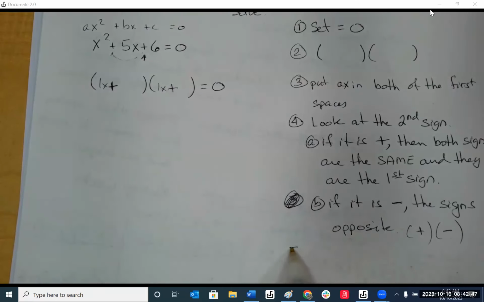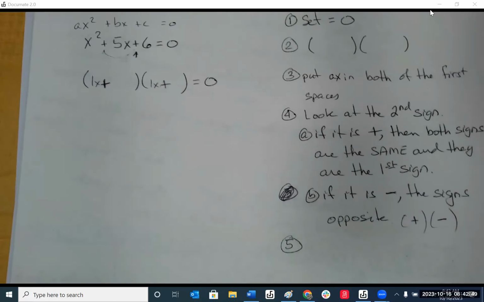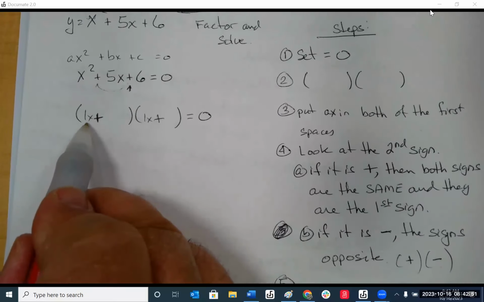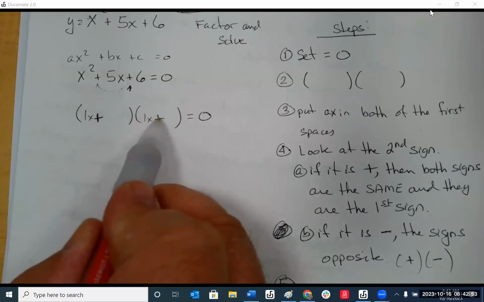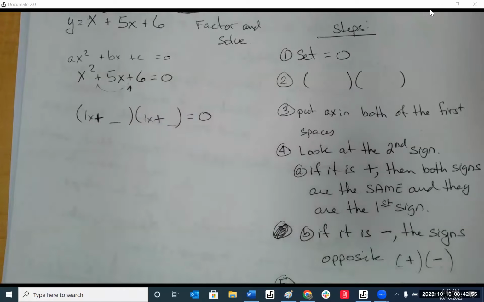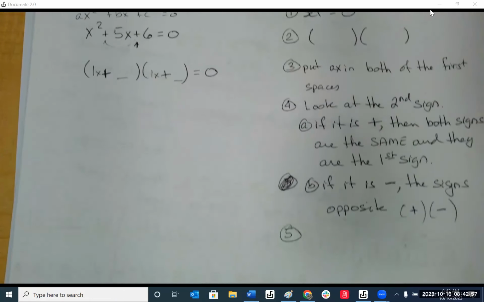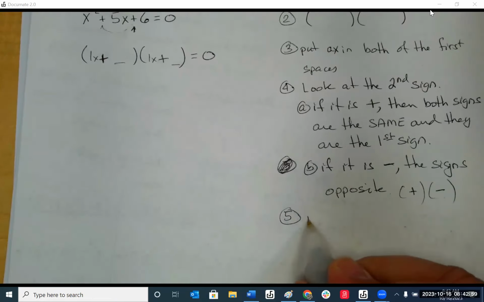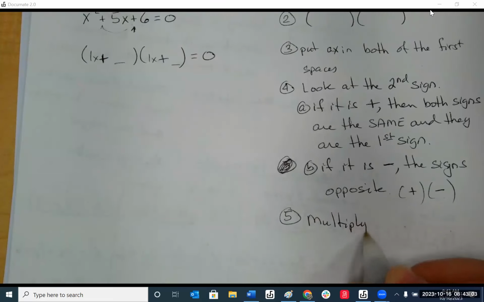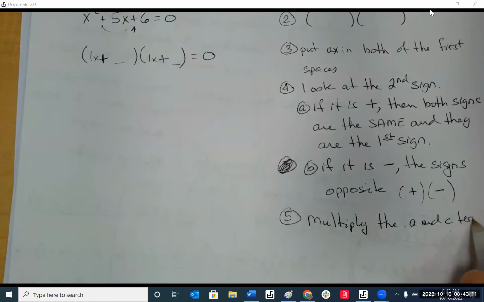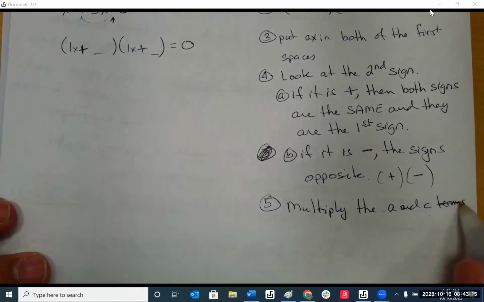The fifth step. Because so far we have the first term, we have the sign, we have to figure out what these numbers are. The fifth step. Multiply the A and C terms, or coefficients. Not the terms, but values.